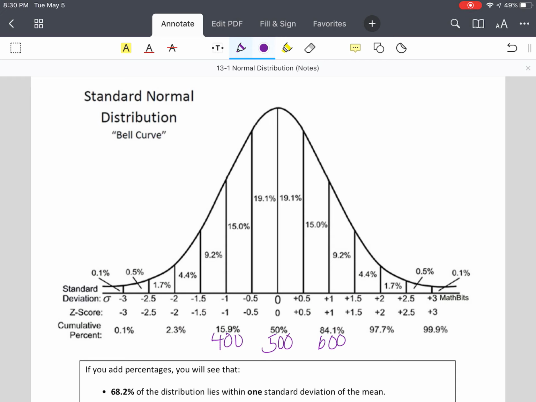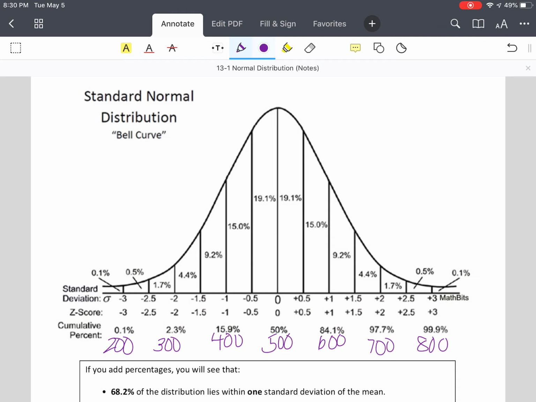If we wanted to keep filling in, if I wanted to go to 2 standard deviations above the mean, well, we know that 1 standard deviation above is 600, so 2 standard deviations above would be 700. 3 standard deviations above would be 800. Okay, if I want to go back, one more standard deviation below the 400, that would be 2 below, would be 300, and one more below would be 200. Again, I made this up as an example, but the 500 represents the mean or the average.